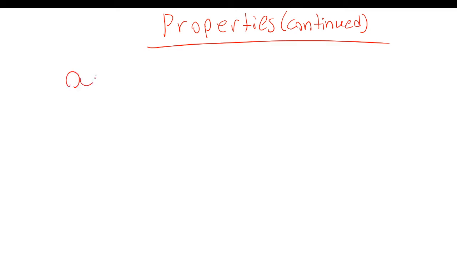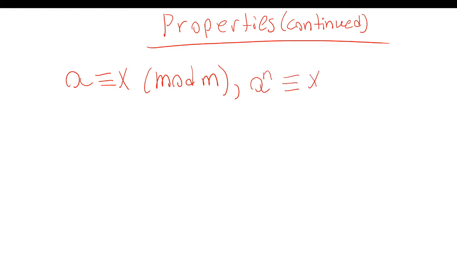If we say that a is congruent to x in mod m, then we can say that a to the n is congruent to x to the n in mod m. This one's very useful, and you find it more often in problems. So basically, let's just use an example.